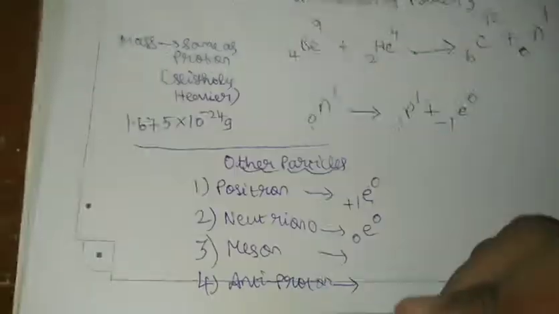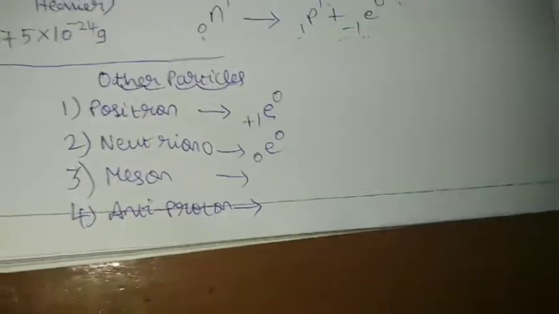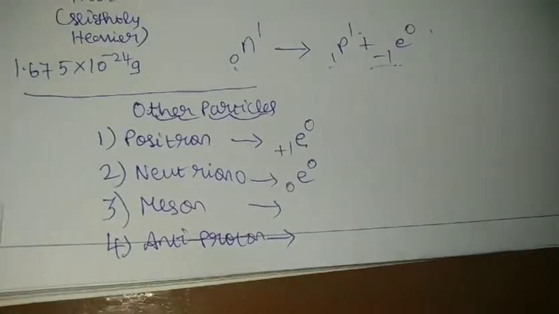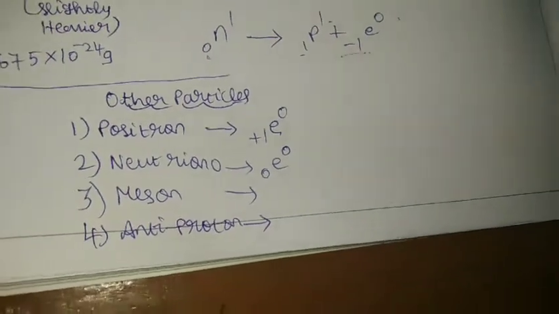And meson, if you see, there are different types of meson, like pi meson. There was a scientist Yukawa in 1935, some days before independence, about 10 years before India's independence. So he found the meson particle. And about the antiproton, it has mass equal to that of a proton, but has a negative charge.